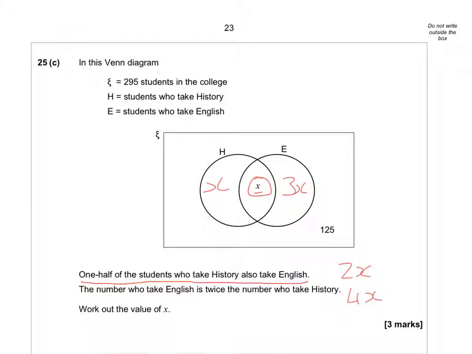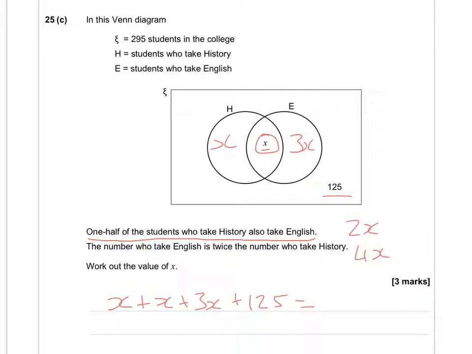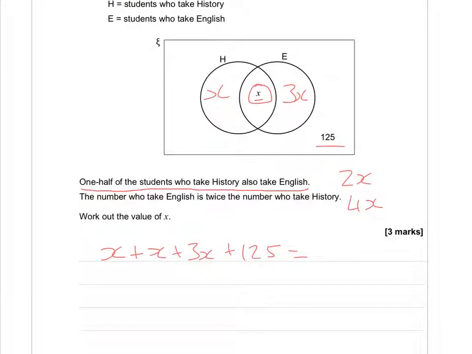The question then asks us to work out the value of x. So that is x plus 3x plus the 125 who don't take either equals the total amount of students, which is given to us in the question at the top, 295.